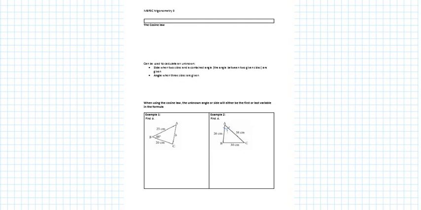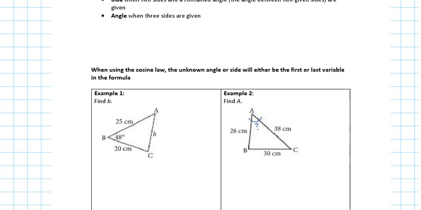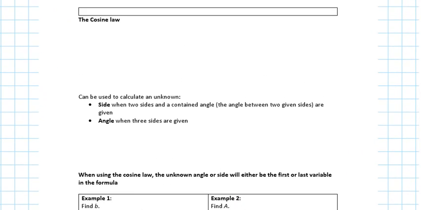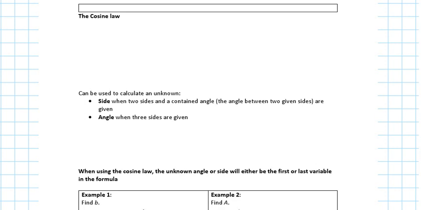So we're going to start with this page. Cosine law can be used in two scenarios. The first scenario, if I'm looking for a side, is when two sides and the contained angle, which means the angle between the two given sides, are given.